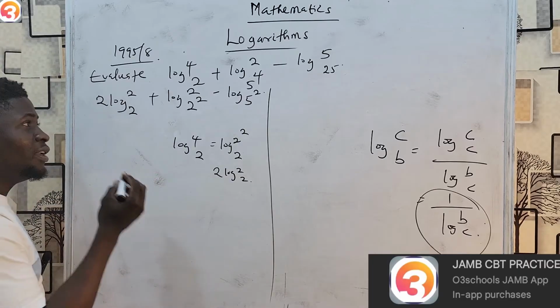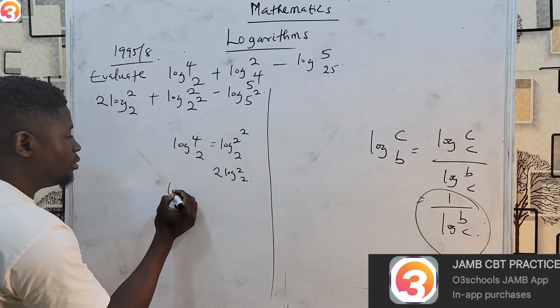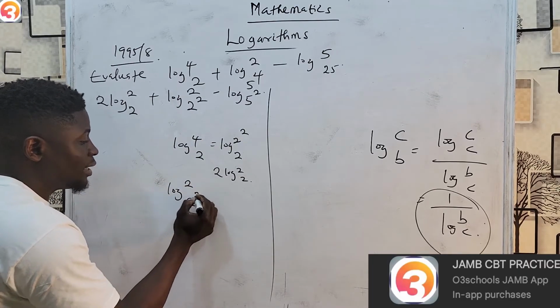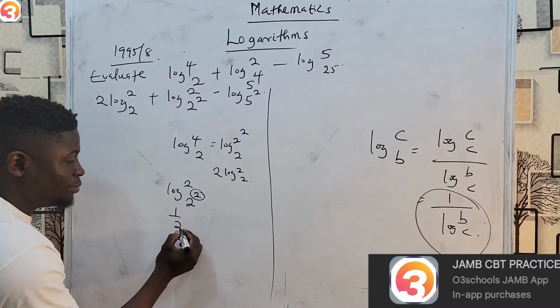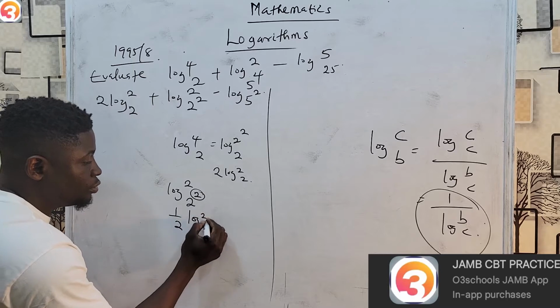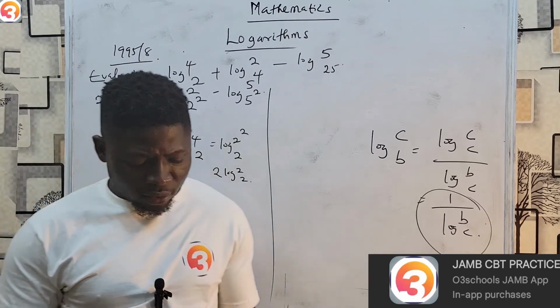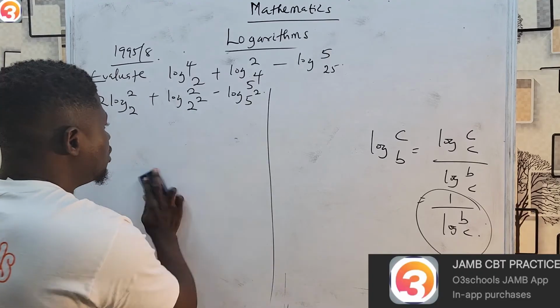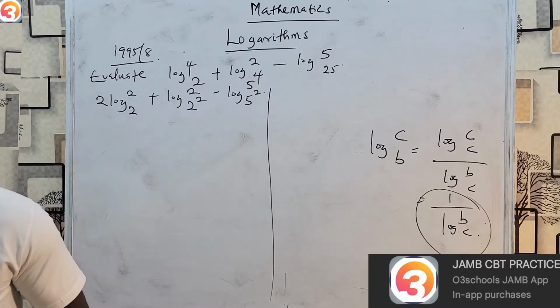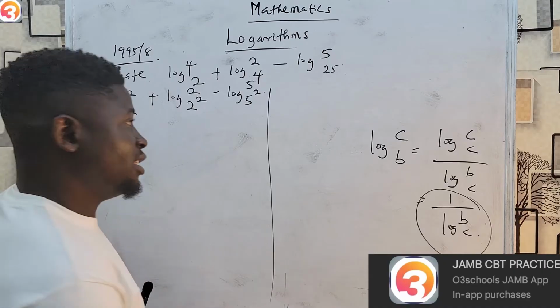But if it is on top of the base, like it is here, log 2 raised to power 2, we invert the power, so it becomes 1 over 2 log 2 base 2. You get? So it's a very easy and clean way of doing your change of base without going through that lengthy process.